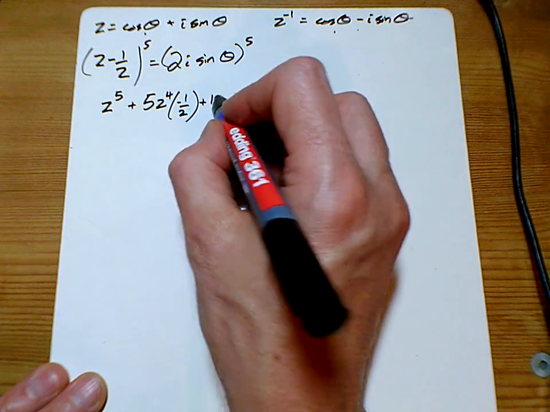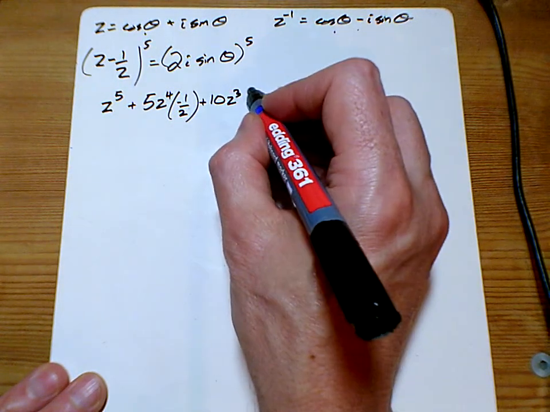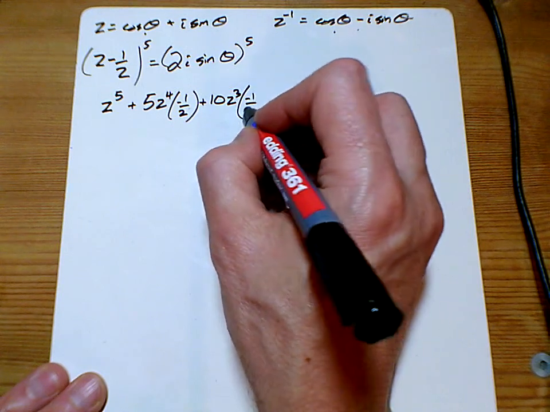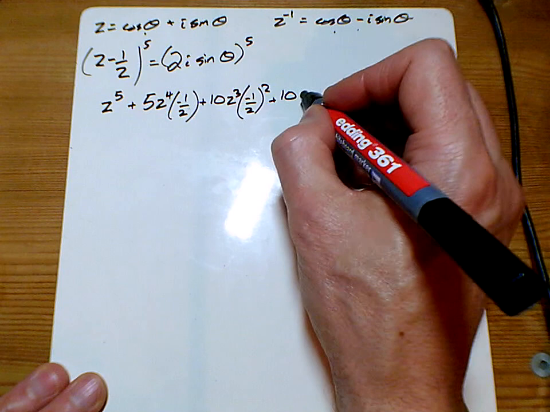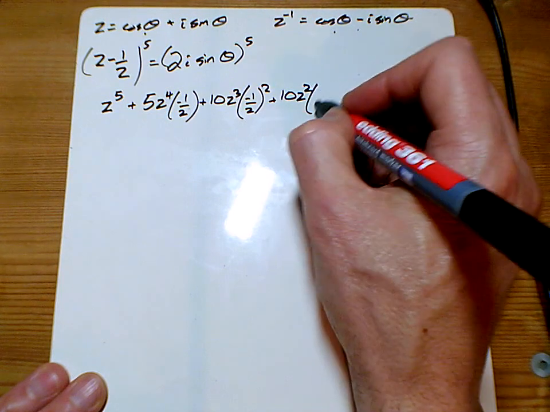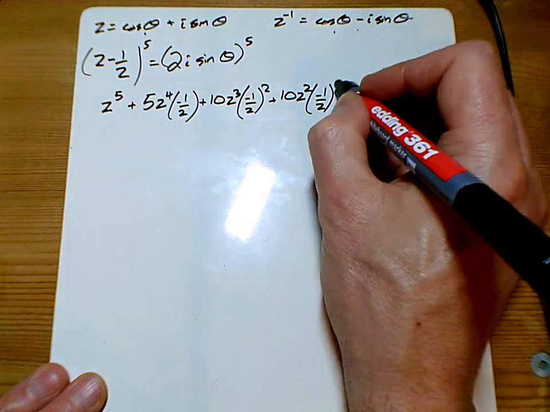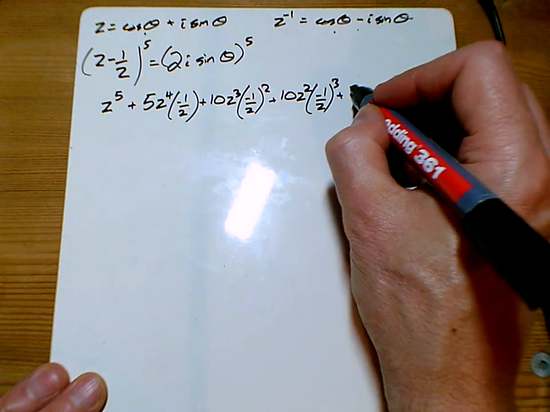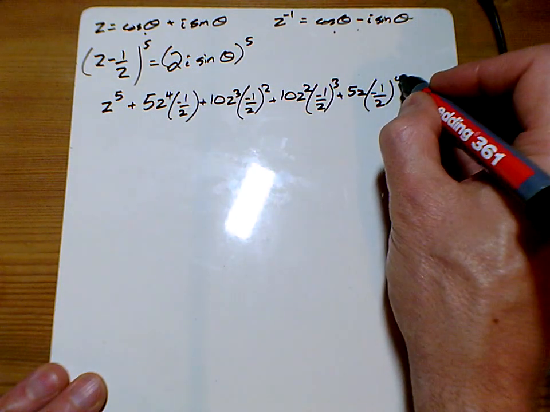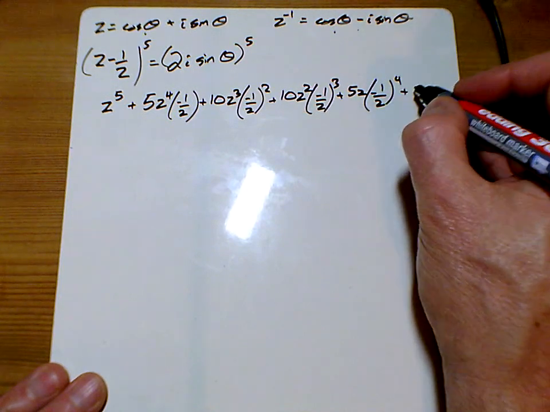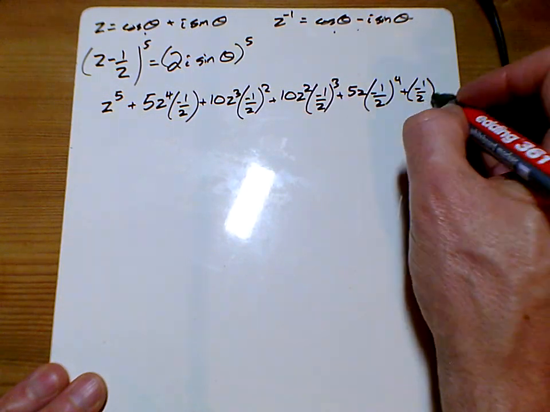We've got 10 is the next number, and we've got z cubed and minus 1 over z squared. We've got another 10, z squared and minus 1 over z cubed. We've then got 5z minus 1 over z to the 4, and finally minus 1 over z to the power of 5.